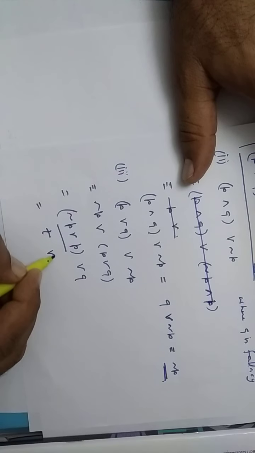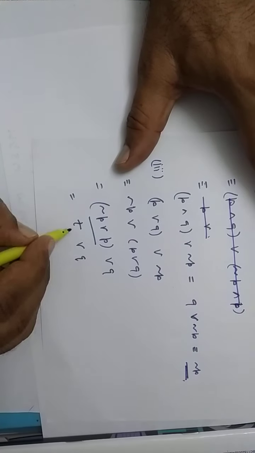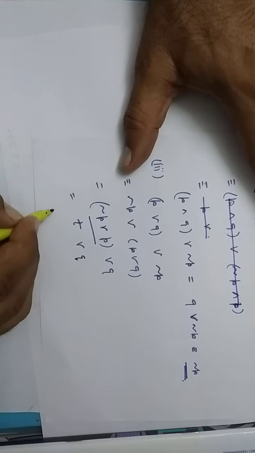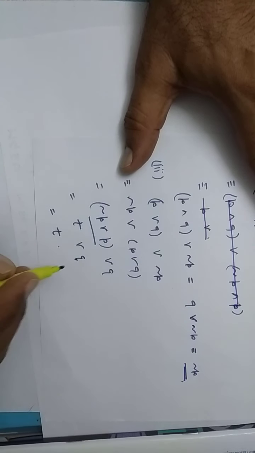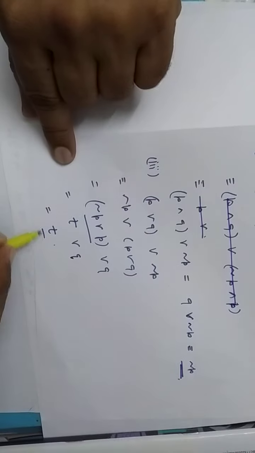This is T Q, and T join Q is always T. So the answer will be T, tautology.